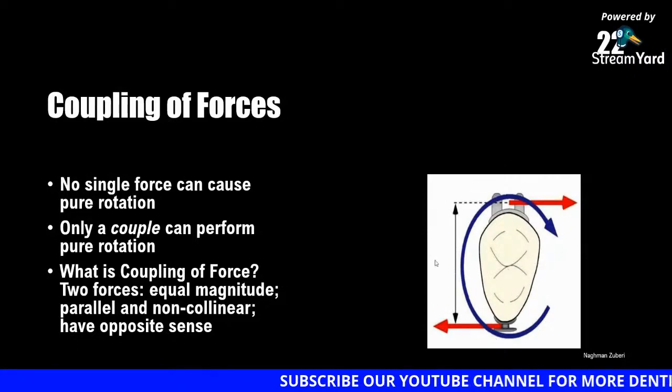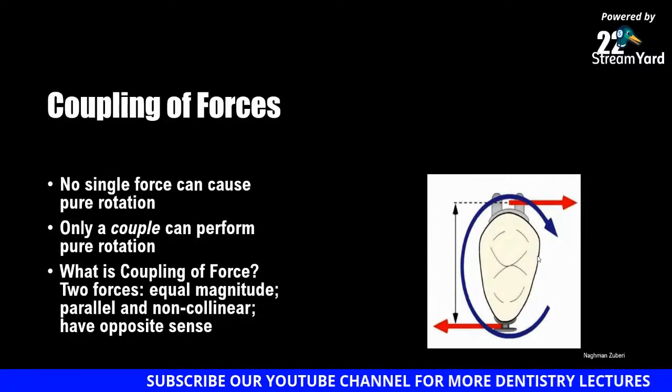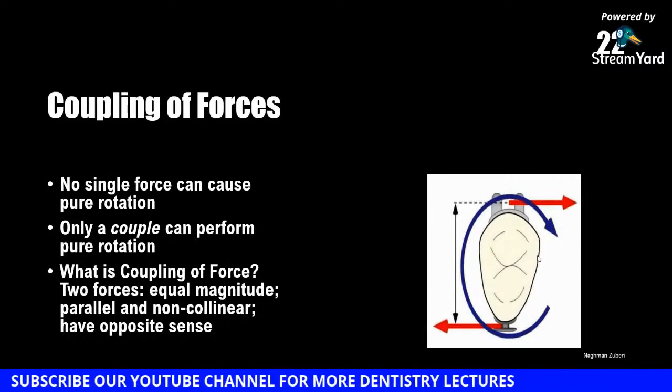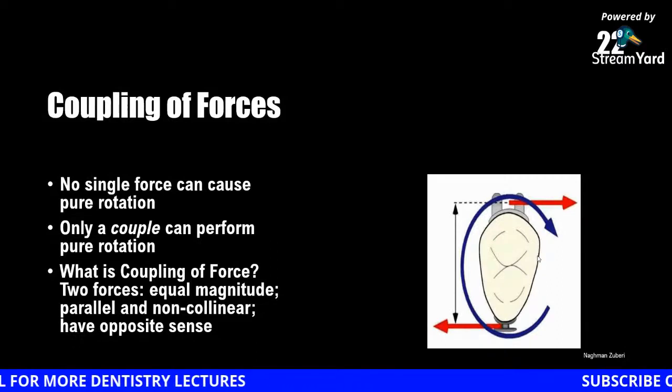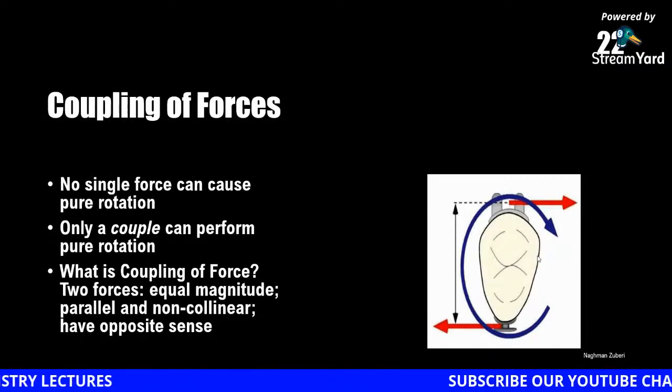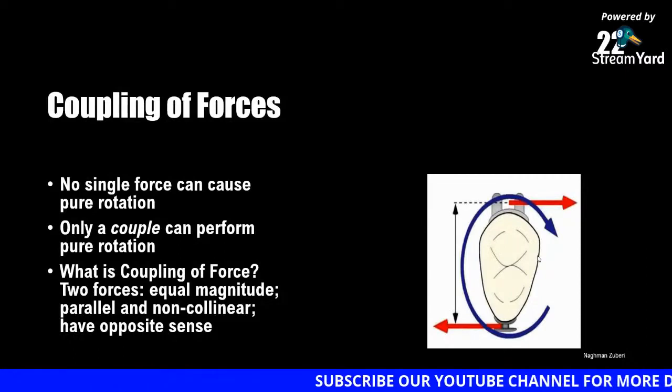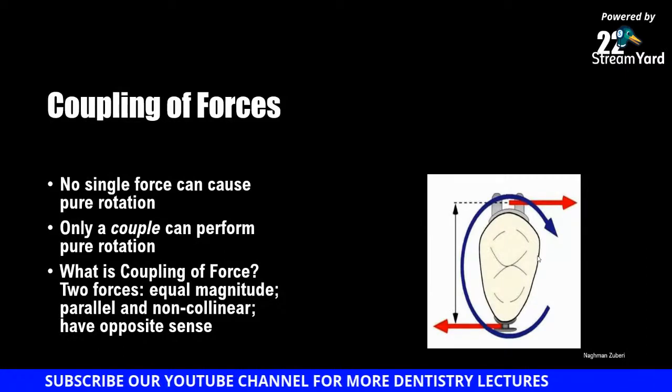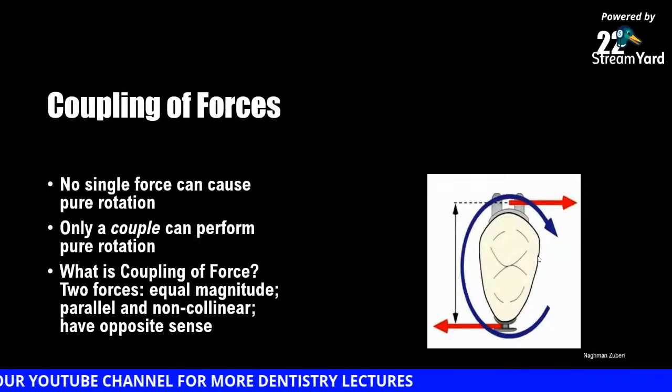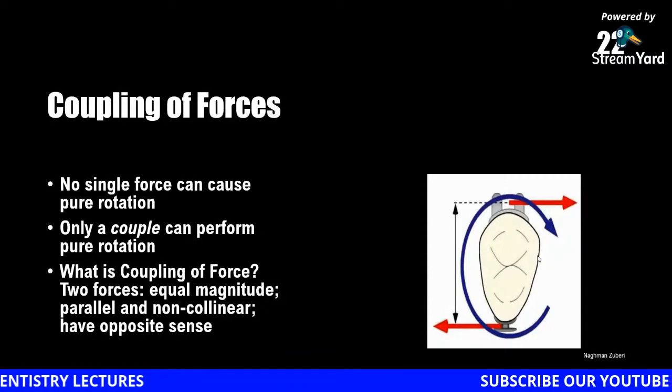To understand this phenomenon, just visualize a revolving door outside some building, where a person wants to get in and the other person wants to get out. Both of them are applying forces, and within a couple of seconds, the person who was outside is going to get in, and the person who was inside trying to get out is going to be out.